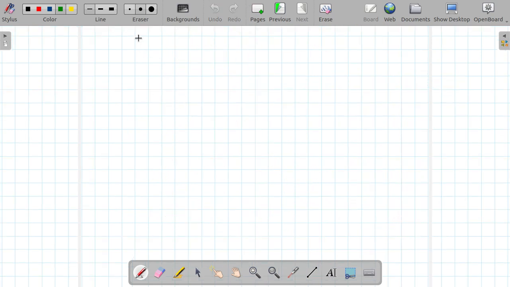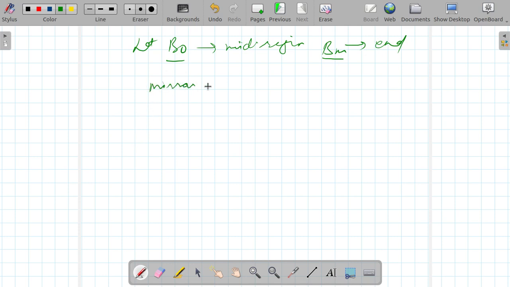So let B naught be the magnetic field in the mid region and Bm at the ends; Bm is the maximum value and B naught is the minimum value. Now the mirror ratio is defined as R equal to Bm over B naught.